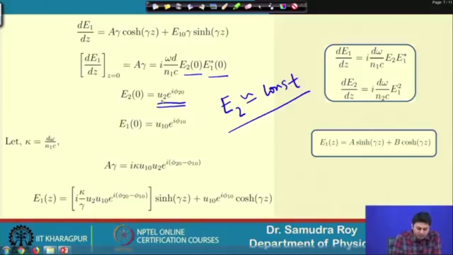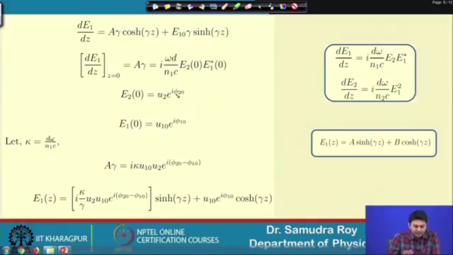So, that means U2 is some sort of constant here. It is not going to change over distance, the mod of U2 is not going to change over distance, or the power of U2 is not going to change over distance, and U10 was already defined, it is U10 e to the power i phi 10. When I put these two things together, then we find what should be the value for A gamma.